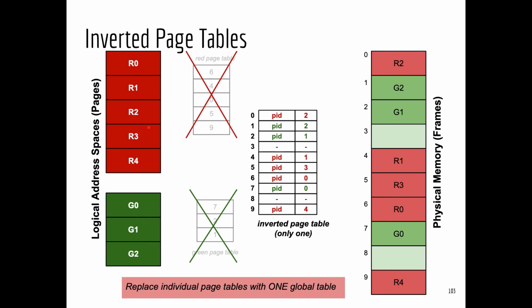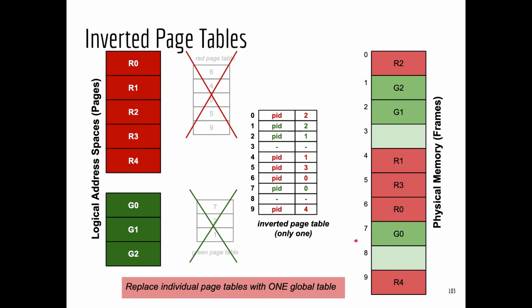The page table of each process is intentionally shown, but they are crossed out just to remind you that they are not used anymore. In place of per-process page tables, the system now maintains a global, one-copy inverted table whose size is proportional to the number of physical frames in your RAM.